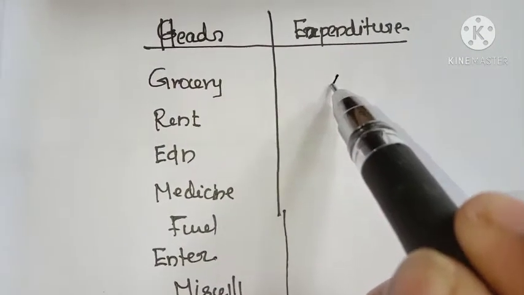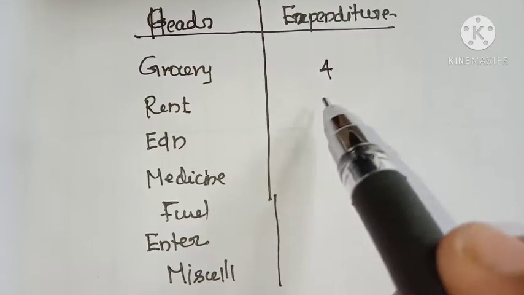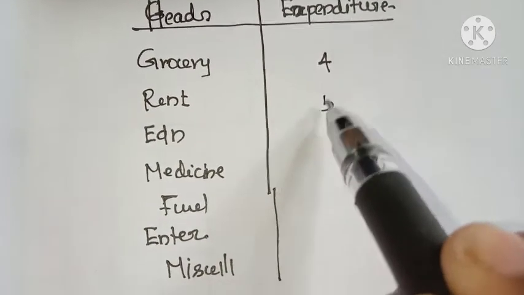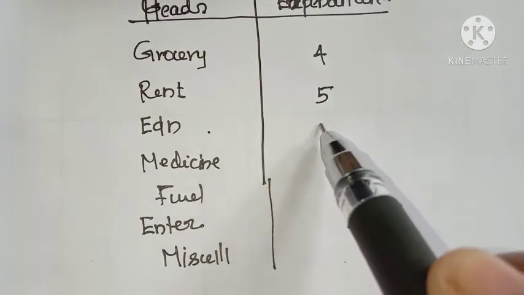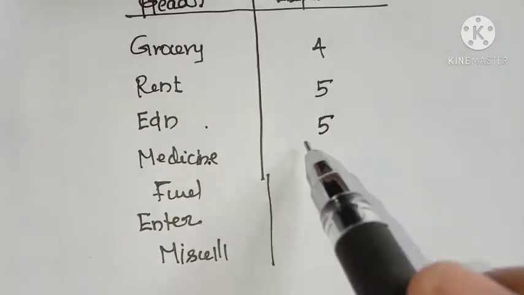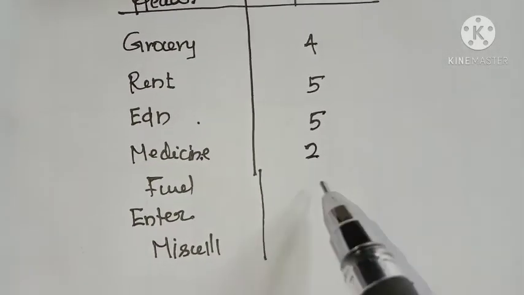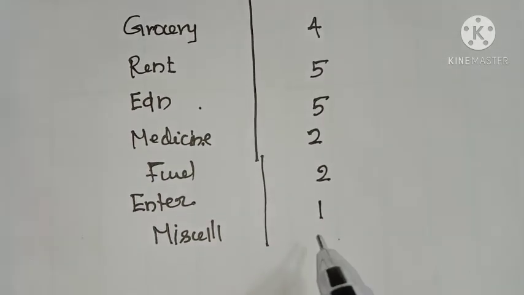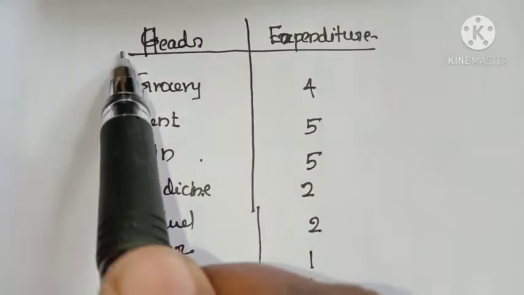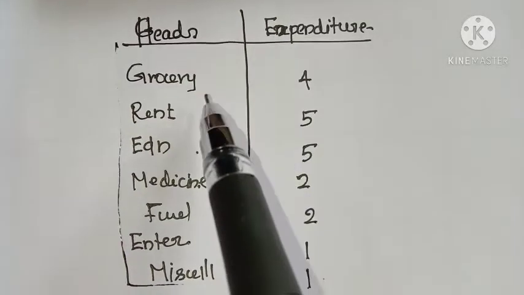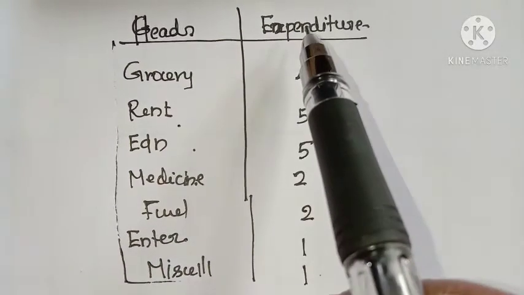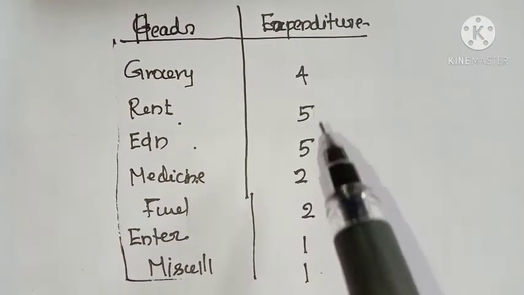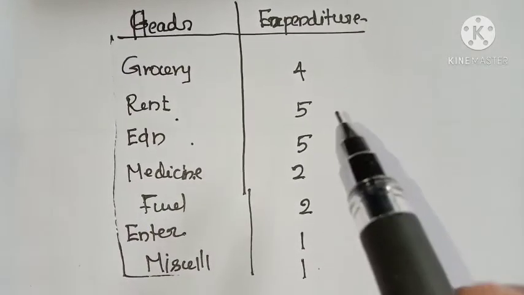For grocery 4,000, rent 5,000, education of children 5,000, medicine 2,000, fuel 2,000, entertainment 1,000 and miscellaneous 1,000. So this is the data. So the data carries heads and only one numerical data, that is expenditure.